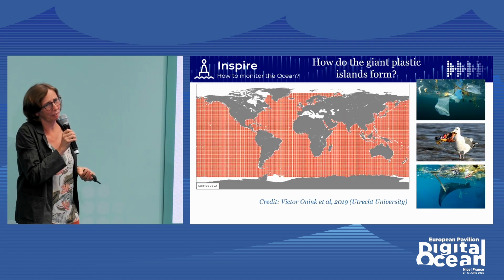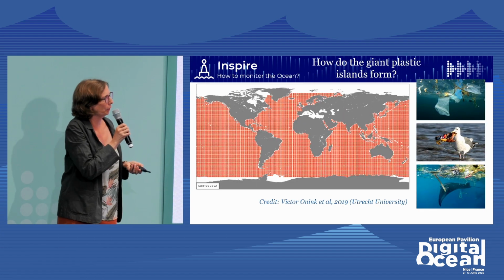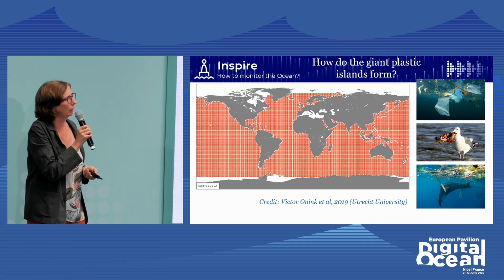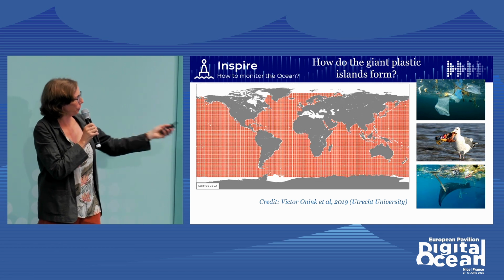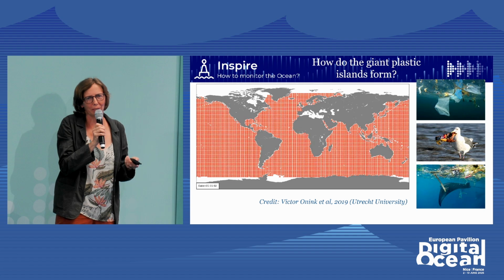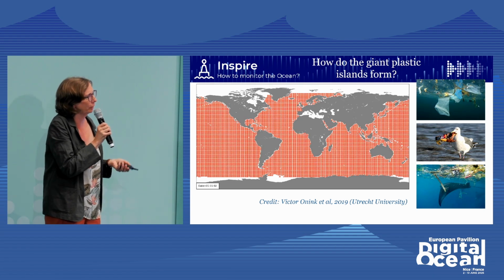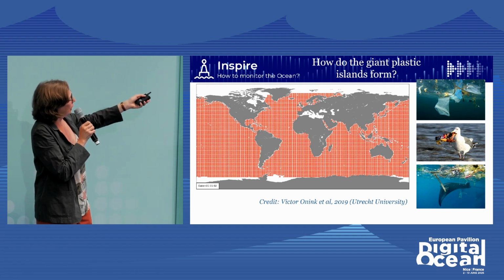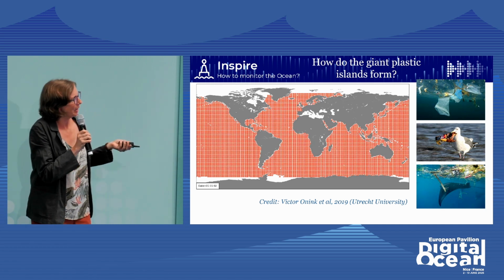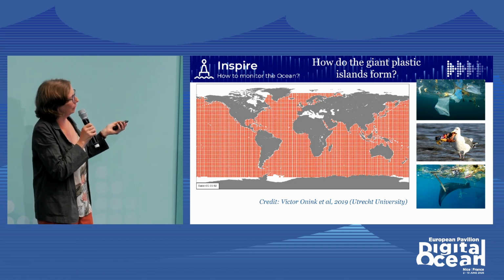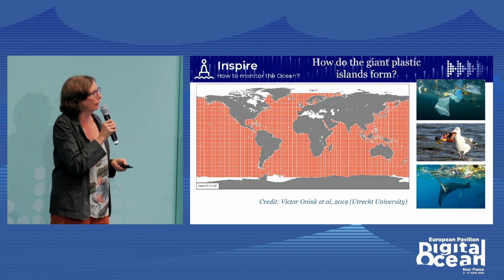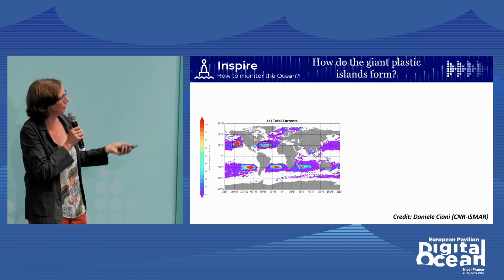So here is an example why this is very important. You all have heard about the giant plastic island that forms in the middle of the ocean. And this is an animation that was created by Victor Honing using these total currents from altimetry and Ekman that I was explaining before. So you can imagine that each red dot is a piece of plastic in the ocean, and you use this current product to make this dot be transported by the current during many months, many years.